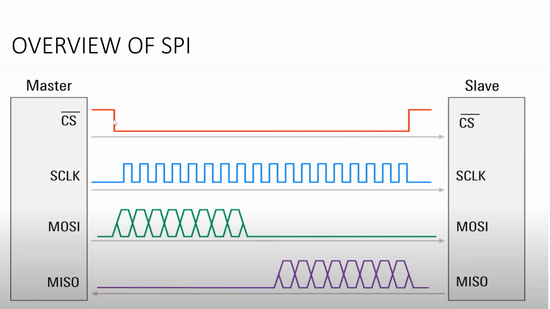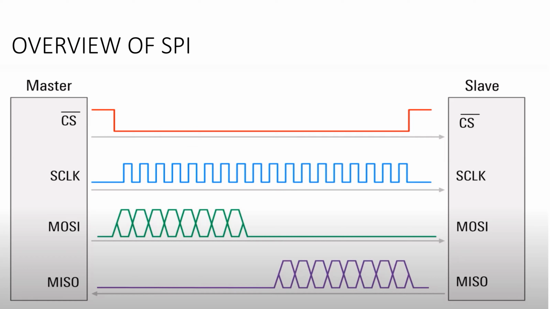Suppose you want to configure one of the slaves, and the master wants to transfer data to this particular slave. At that time it will pull the active high signal to low. The particular chip select line connected between the master and slave will be forcefully pulled down.